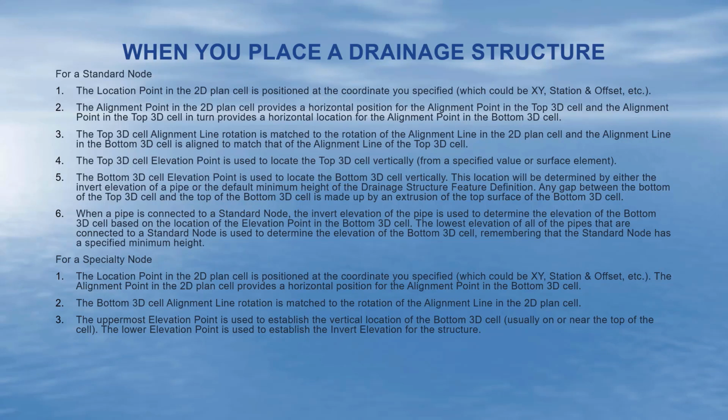Now on to the important part. When you place a drainage structure in your current file, a few things happen in a very specific order. For a standard node, this includes the location point in the 2D plan cell is positioned at the coordinate you specify.